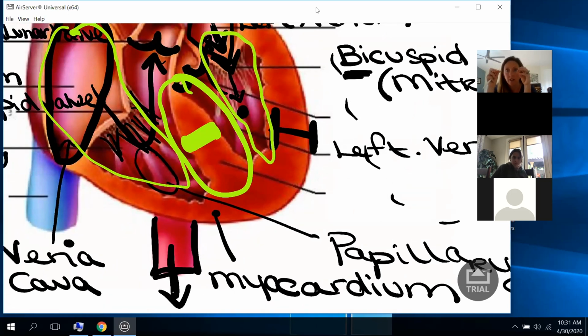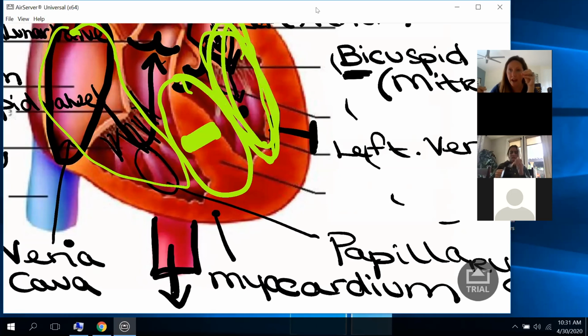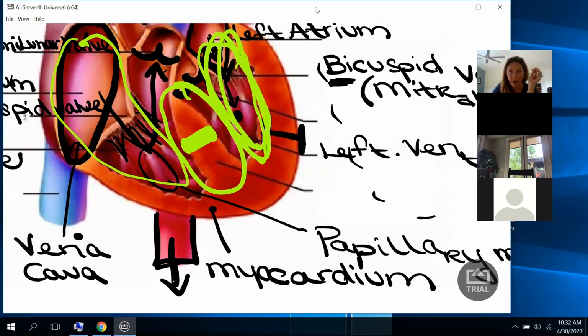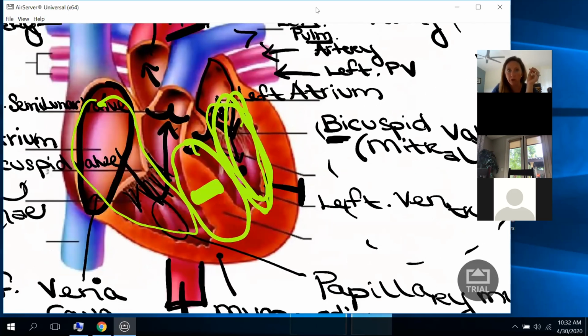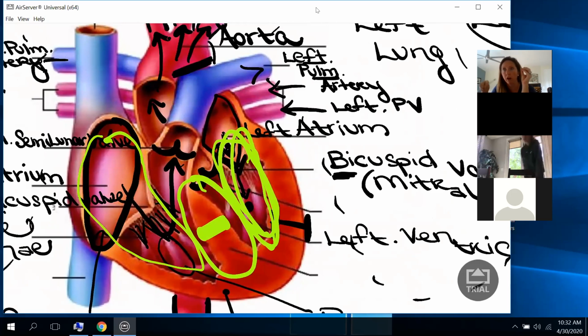You're going to have the less oxygenated and the fully oxygenated blood mixing. And that means that if this side is pushing blood out of the heart, it's not going to have as much oxygen in it as it should. So it has a similar effect as a mitral valve prolapse. The heart is going to have to work harder to try and push blood that much more powerfully.